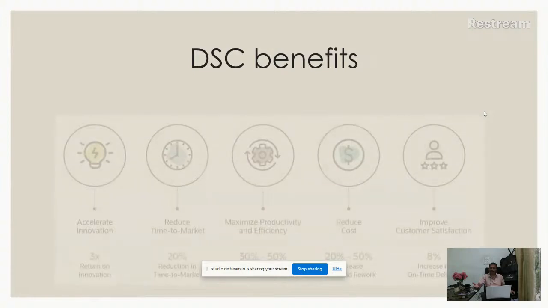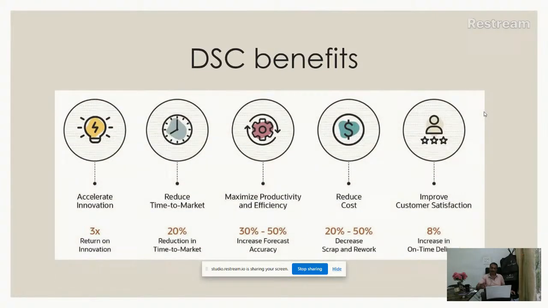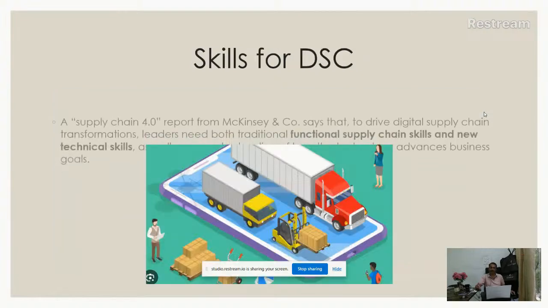When you have this digital supply chain, as per this consultant, you can accelerate innovation, reduce time to market, maximize productivity and efficiency, reduce cost, and improve customer satisfaction. Of course, all the percentages given by this consultant have to be validated. They have given these figures based on their evaluation and study.